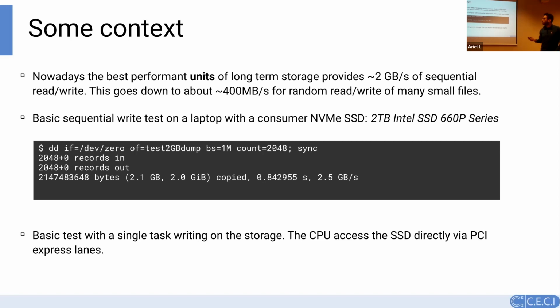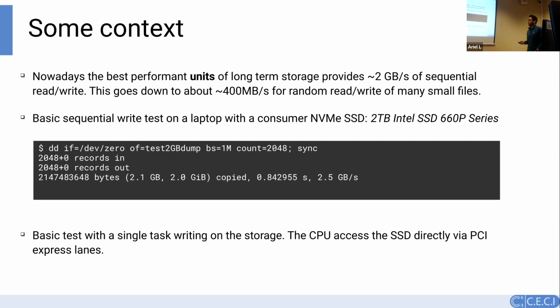And if we run a benchmark job in which we write, in the most ideal situation for doing output to the storage, a single sequential file of 2 gigabytes, we will see that with this kind of device we are on the order of gigabytes per second. So here, testing on this laptop I'm using for the presentation, I get on the NVMe of the laptop 2.5 gigabytes per second right into the SSD.